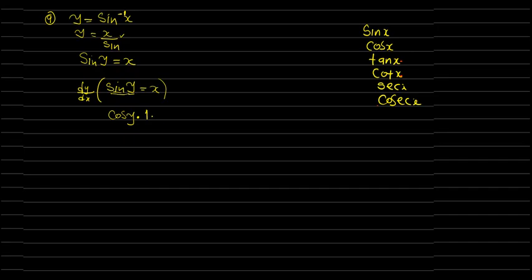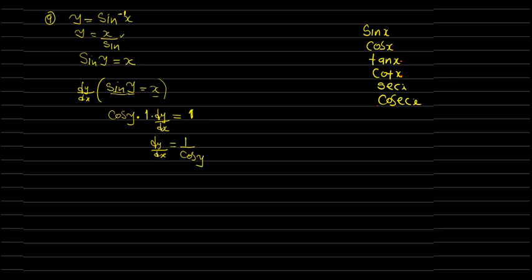Then you always attach the same dy dx there. Then it is equal to the dy dx of x, that will be just 1. Hope we are clear on that one. So this means that we'll have dy dx, I'll divide throughout, that will be 1 over cos y.